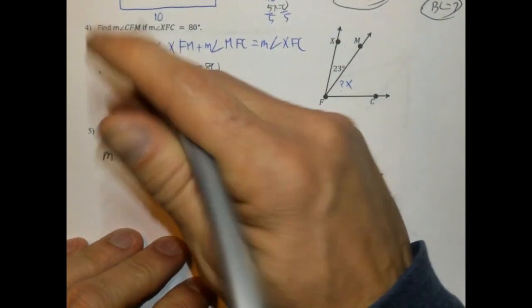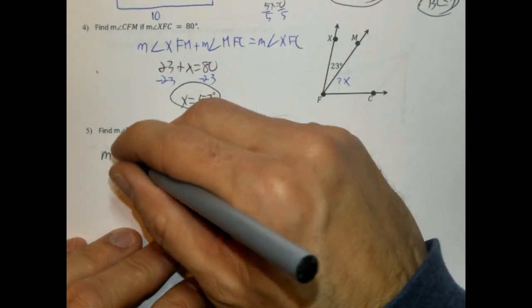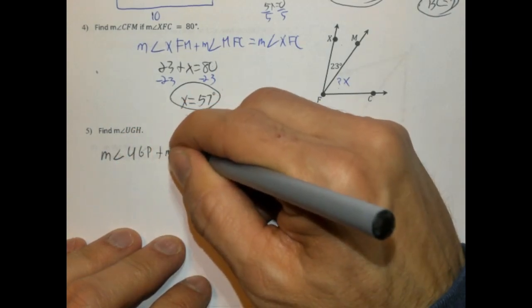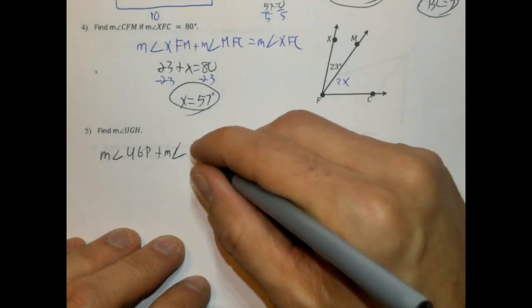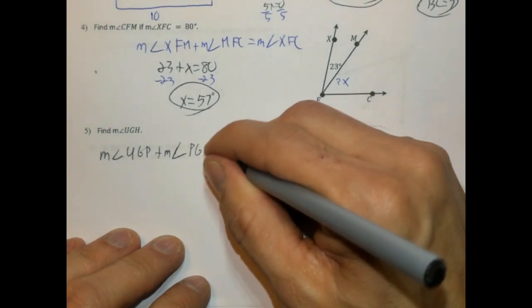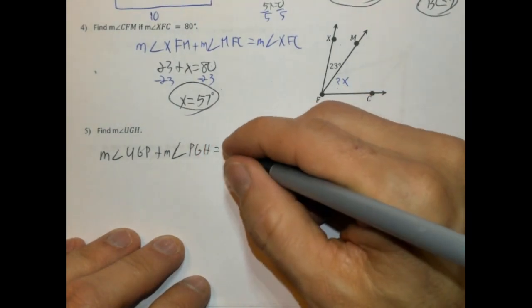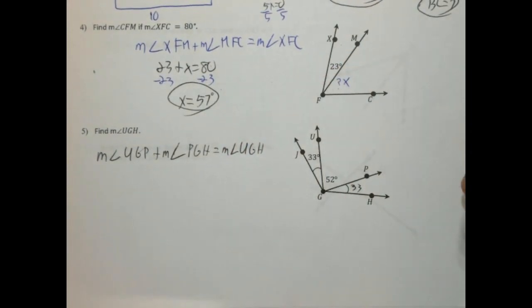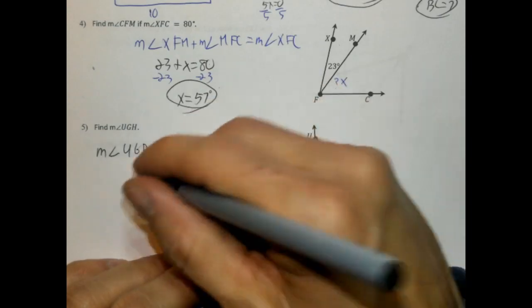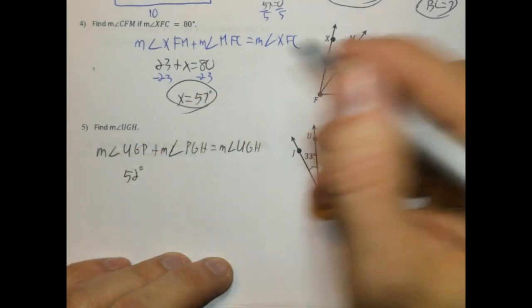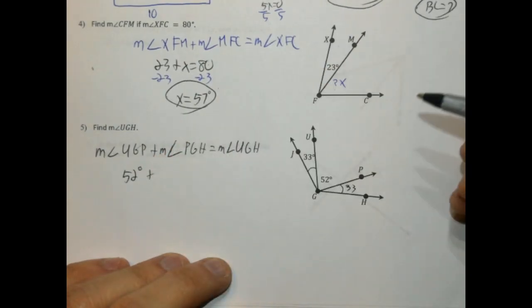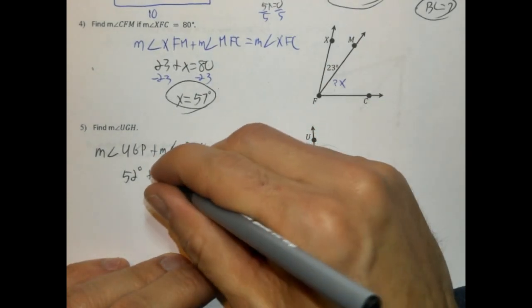So the measure of angle UGP plus the measure of angle PGH equals the measure of angle UGH. UGP is 52 degrees, and PGH is 33 degrees.